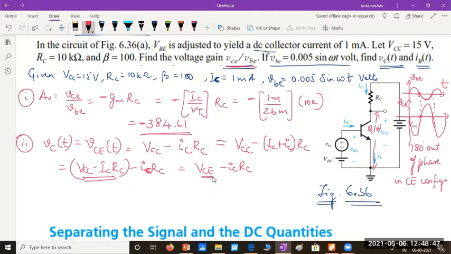Can I find how much this is? VCC minus ICRC, here itself I'll substitute. VCC is given as 15 volts. IC is 1 milliampere. RC is 10K.